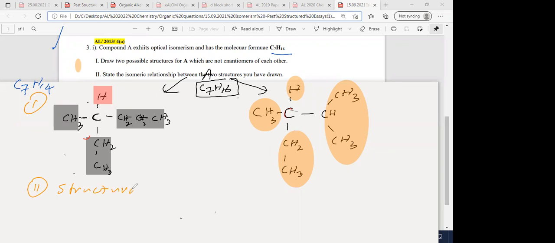They are structural isomers, but in the marking scheme, if you have given chain isomers, that is also accepted. So they are structural isomers or chain isomers. Understood?